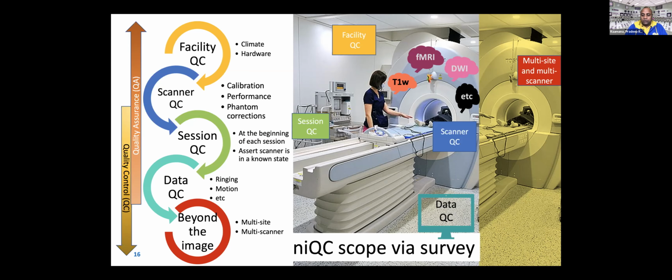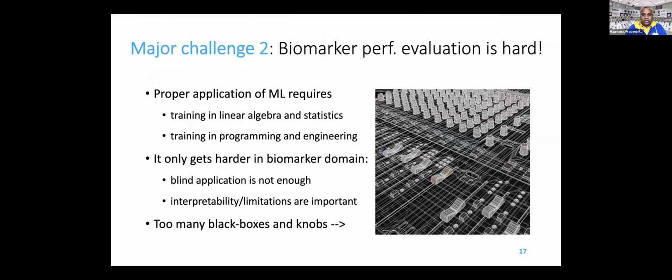So this is the first of the 2-3 big challenges that I mentioned that are holding the entire field back, in my opinion. The second one is actual performance evaluation. Let's say you did great quality control, you extracted very useful features. It could be any number of things that we saw this morning, including connectivity and cortical thickness or FDG uptake and whatnot.